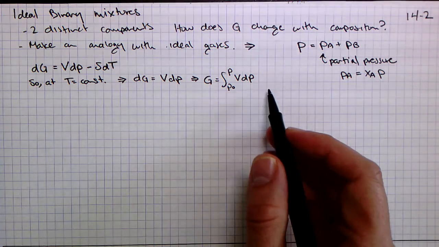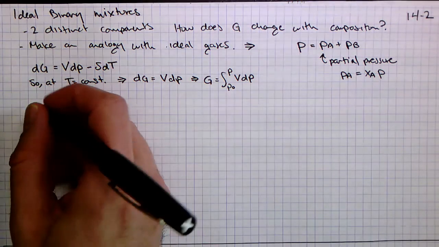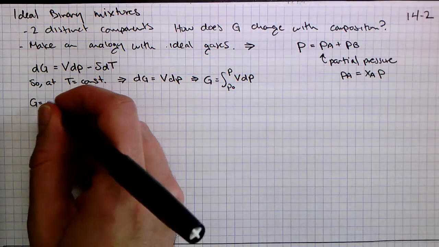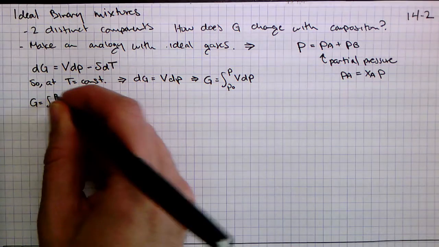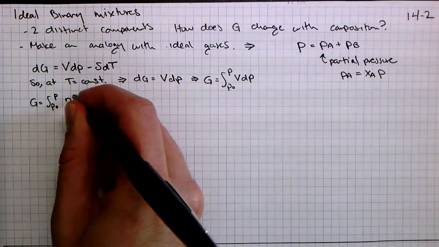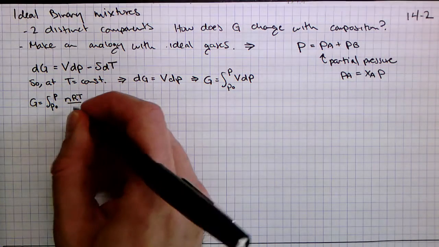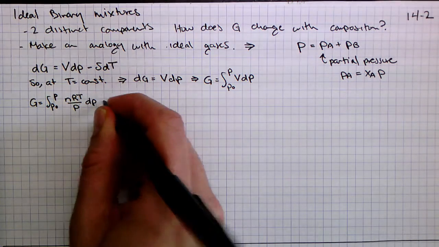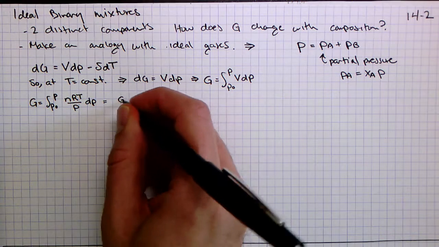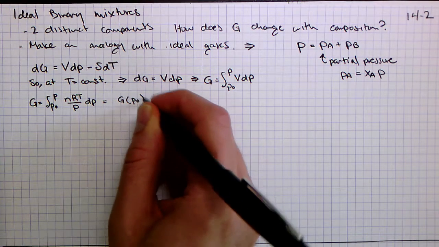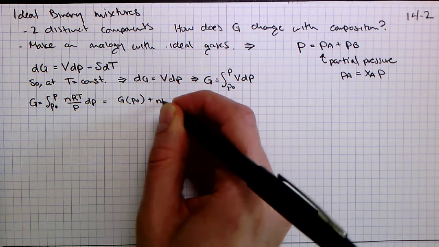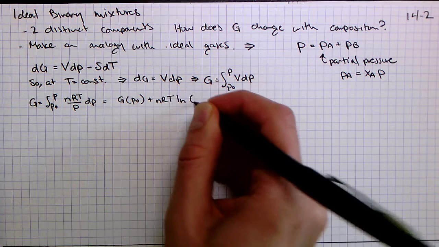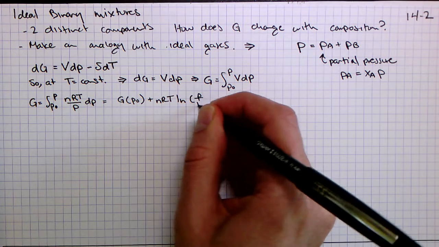So for the ideal gas, if we do this, we get the integral from P0 to P of nRT over P dP. So we just get G at P0 plus nRT times the natural log of P over P0, right?